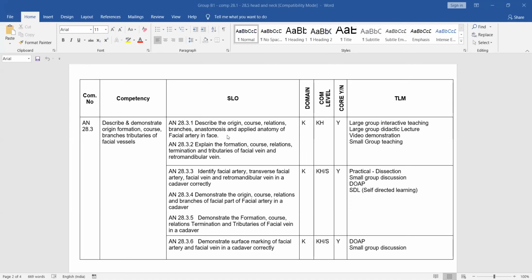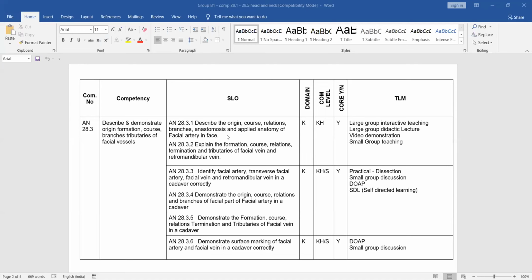But another thing is, I have seen that we are writing competency levels as 2 or 3 levels. It should only be up to the last level, whether it is KH or S or SH. We shouldn't be writing K/KH or SH, because we want to reach a particular level. And if you look at the MCA document, they have also mentioned only one level for the competency.